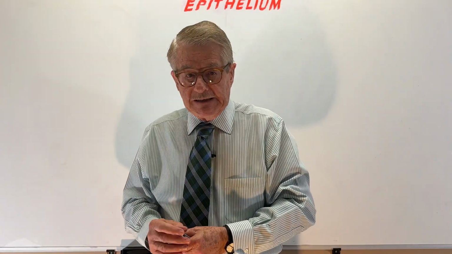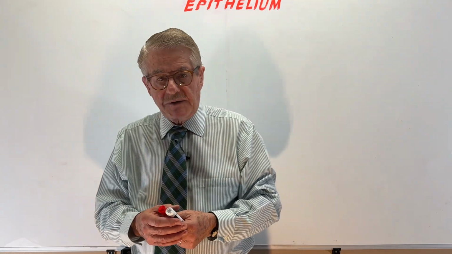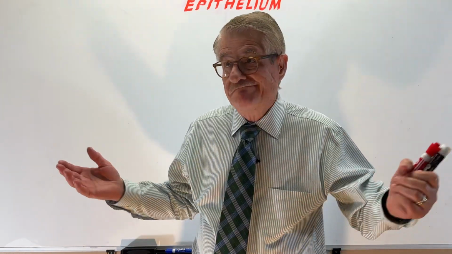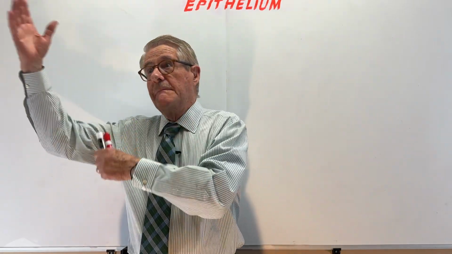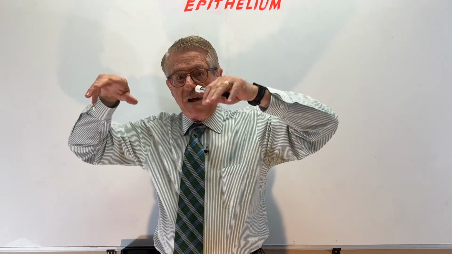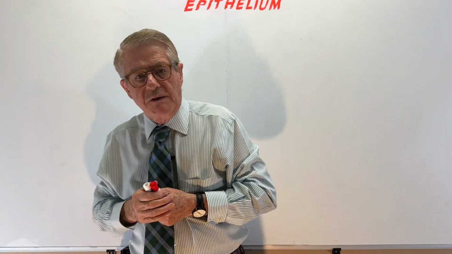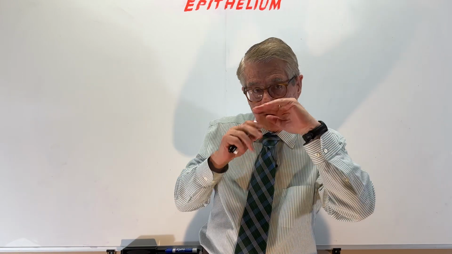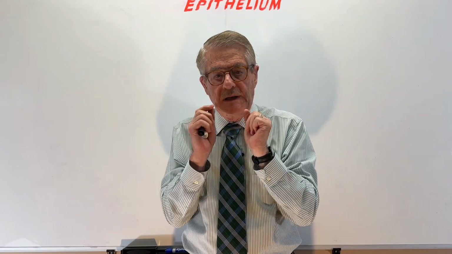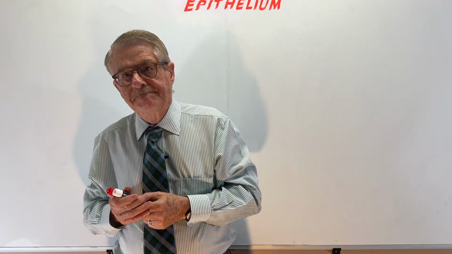Now, the classification of the epithelia is simple if it's a single layer, stratified if you have several layers, and as far as the shape, you're going to call it flattened, cuboidal, or columnar. So it couldn't be that easy.